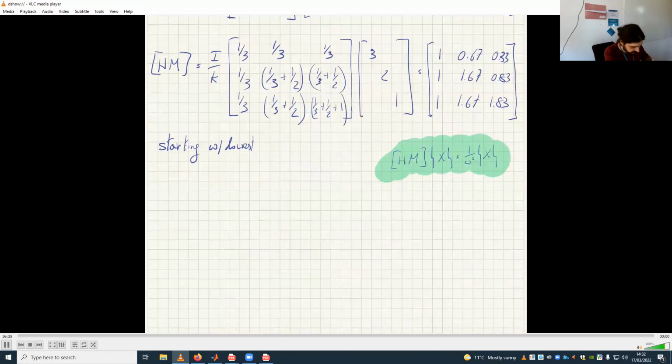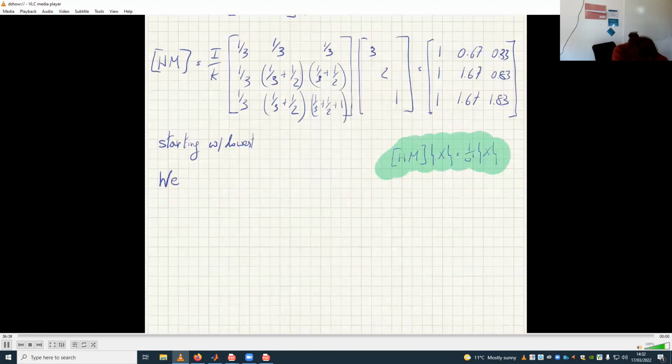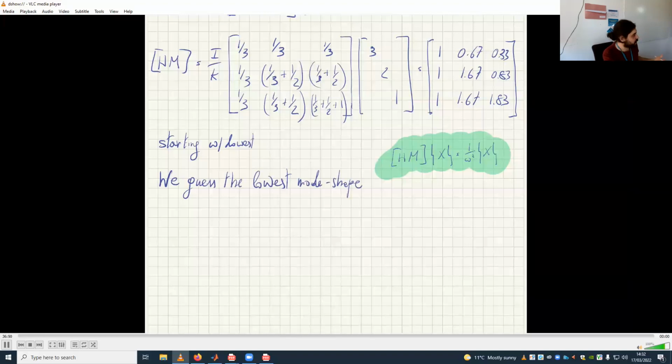Well, okay, so let's start with the guesswork. So we guess the lowest mode shape. The lowest mode shape is, of course, X1. The highest mode shape is X3 because it's a 3 degrees of freedom system.